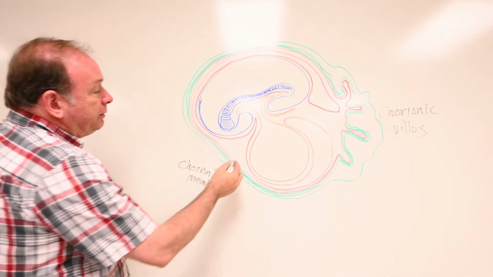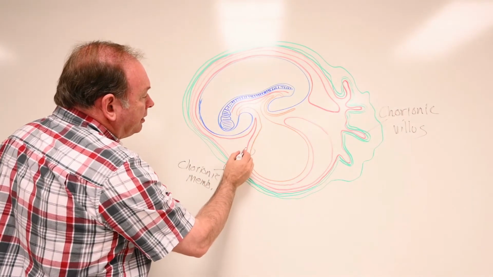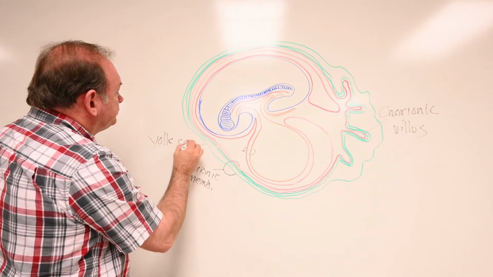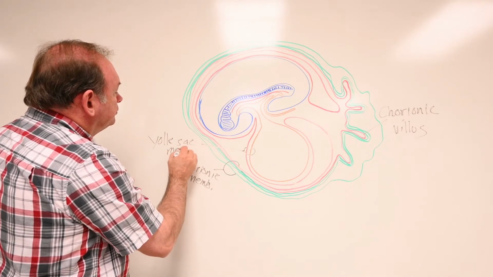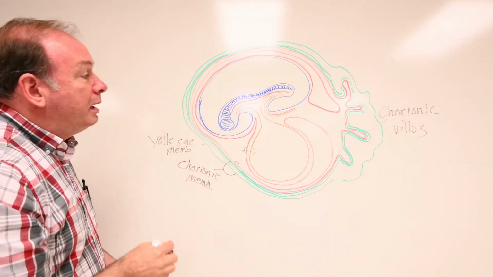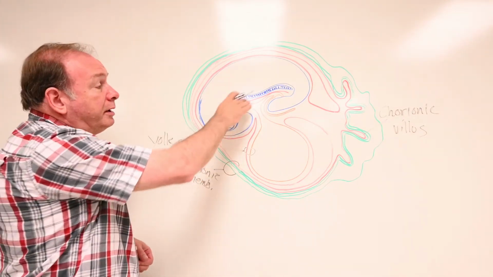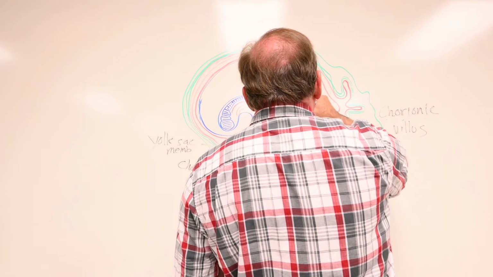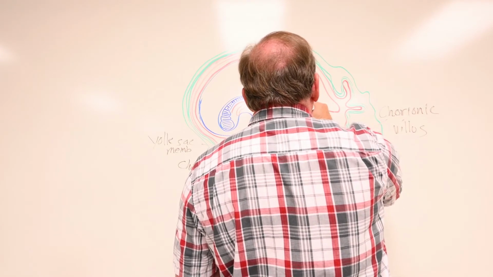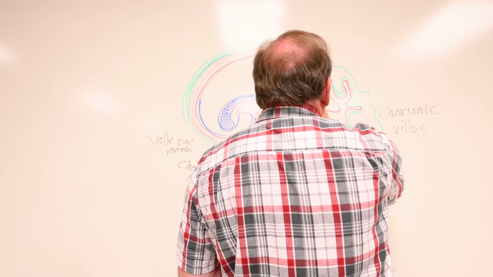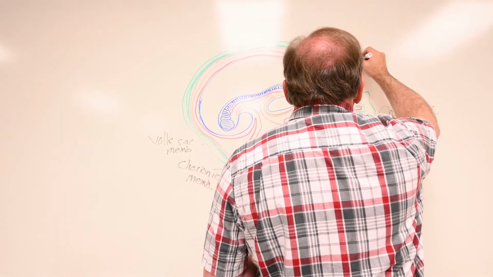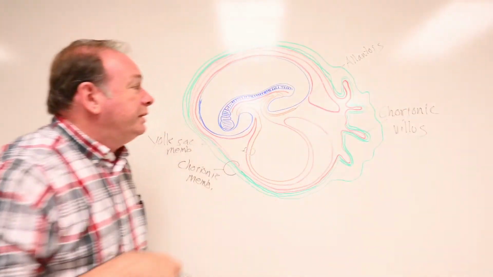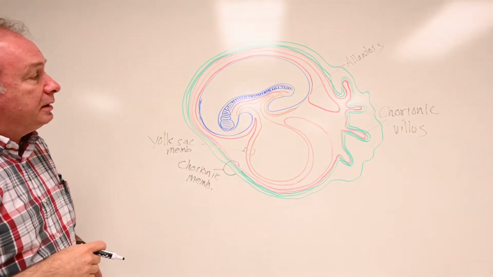Chorionic membrane, then we have our yolk sac membrane here. I've drawn our allantois in this case growing out into this mesodermal stalk, so it's surrounded by mesoderm but not in a single layer. So there's the allantoic sac going out there.